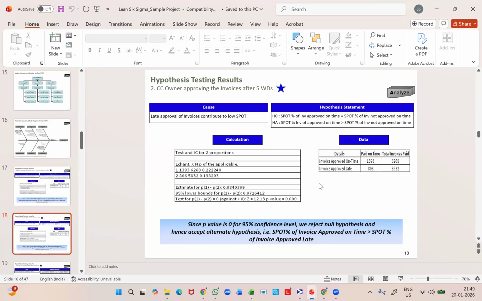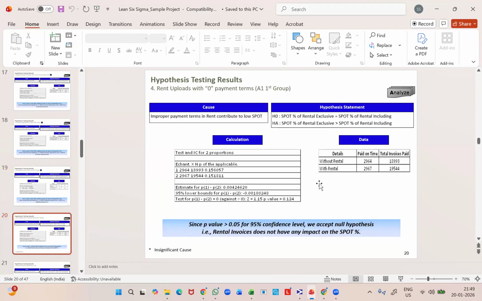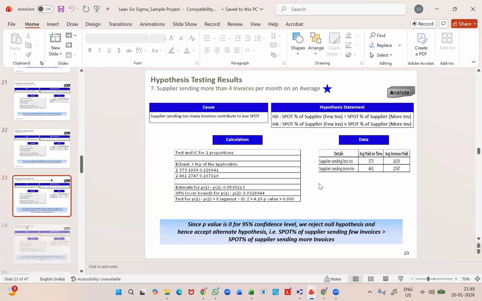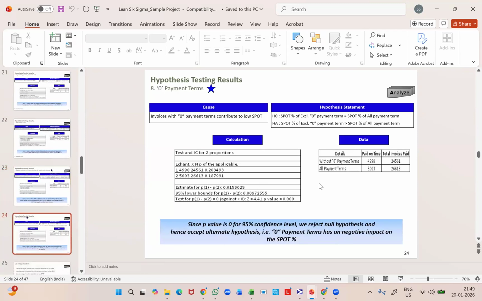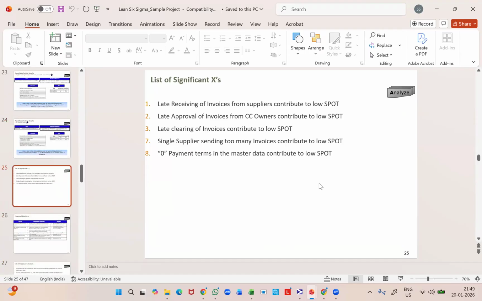So this is another solid reason as to why the SPOT percentage is low. Whichever hypothesis test doesn't contain a star, we can understand that those are irrelevant or less impactful causes. So out of 8 causes identified, 5 proved to be very significant.